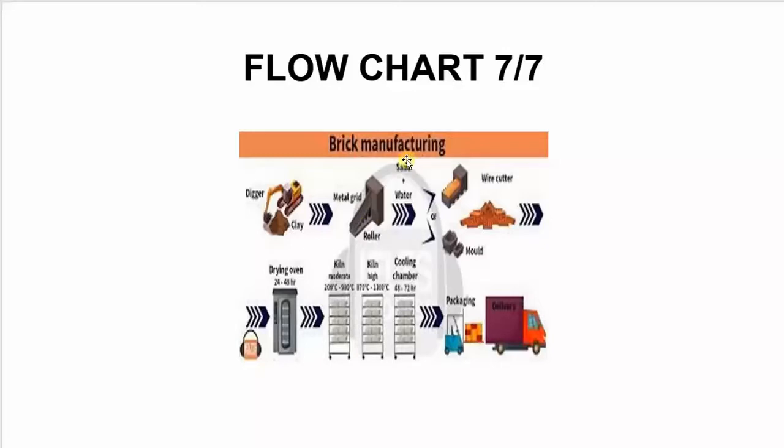This flow chart is describing brick manufacturing. So you can see there is a digger over here, and there is an arrow which is showing you the information flow from left to right. So guys, these are the type of visuals that you can anticipate in the task 1 of the IELTS writing academic model.